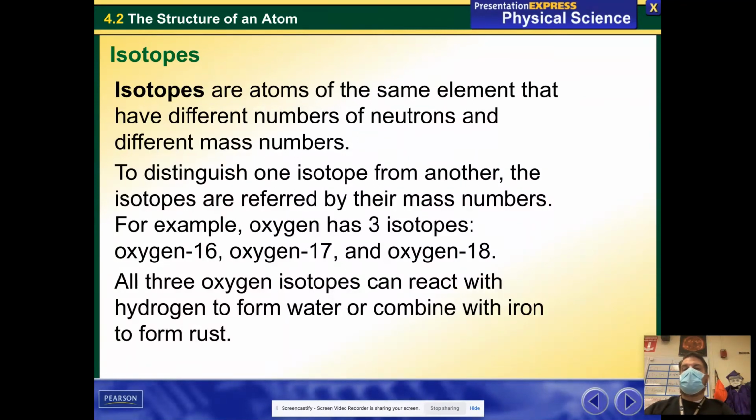So oxygen actually has 3 isotopes that exist in nature. Oxygen-16, that's the normal one. Oxygen-17 has 1 extra neutron. And oxygen-18 has 2 extra neutrons. All three oxygen isotopes can react with hydrogen to form water or combine with iron to form rust.